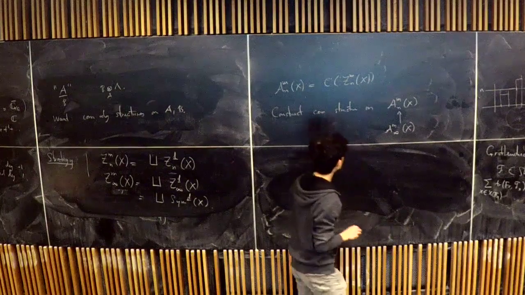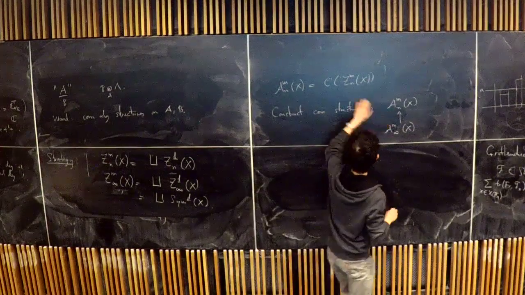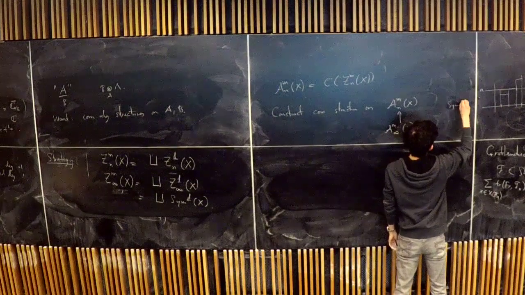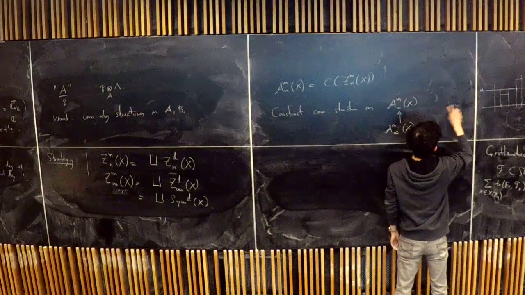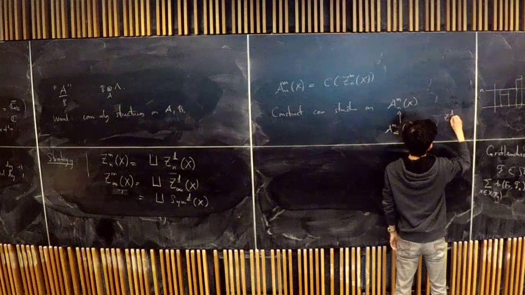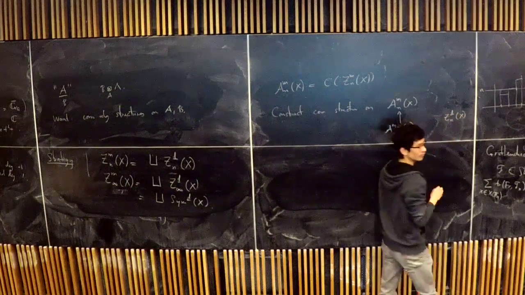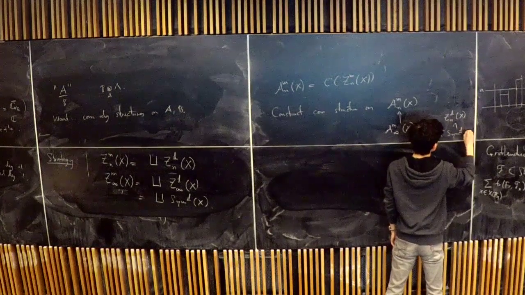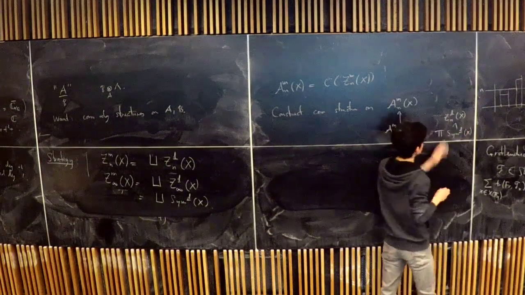What is Z_{M,N}(X)? It's a subspace of Sym. So first of all, let me recall. Z_{D,N}(X) is a subspace of Sym^D of X, with this, and this has some extra color.